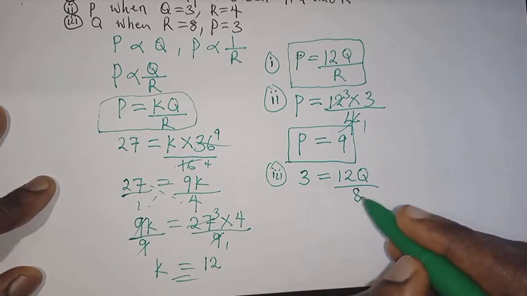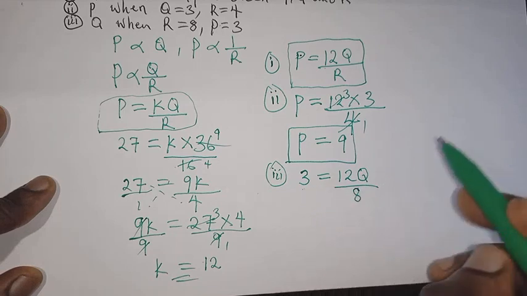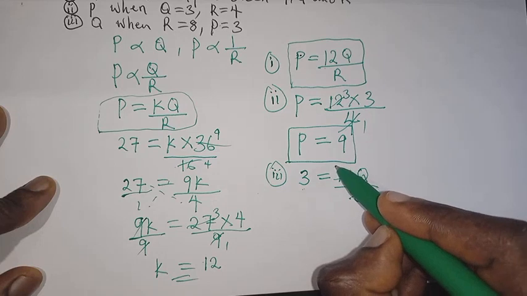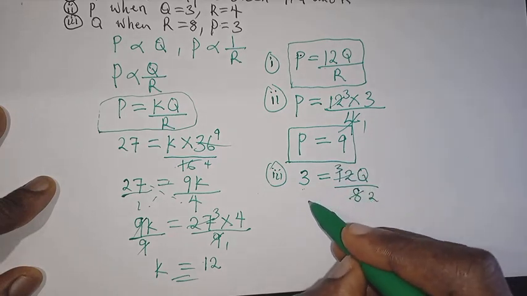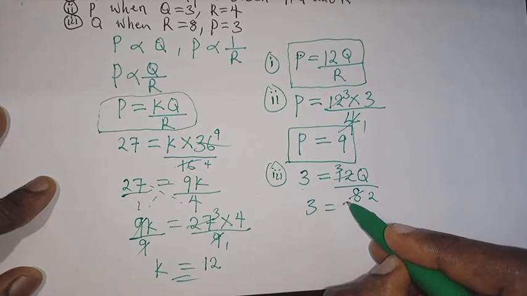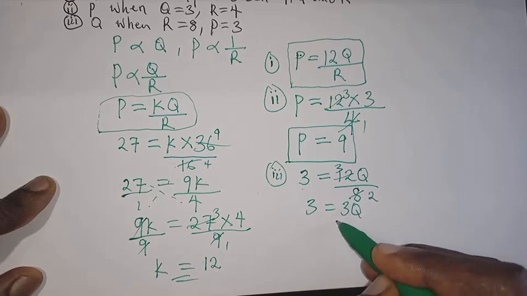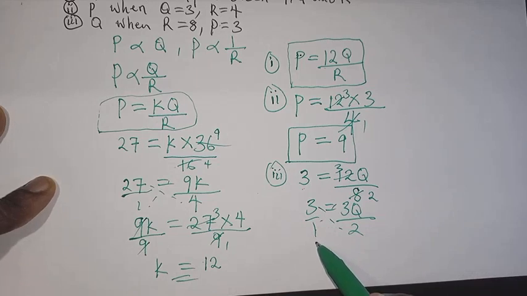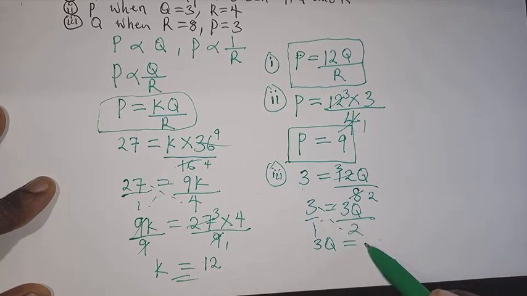8. So what I'm going to simply do is to break this down. 4 here 2, 4 here 3. So I am left with 3 equals 3Q all over 2. So I'm simply going to cross multiply. So this is going to be 3Q equals 2 times 3 is 6.